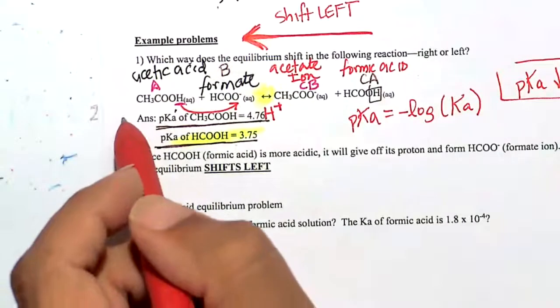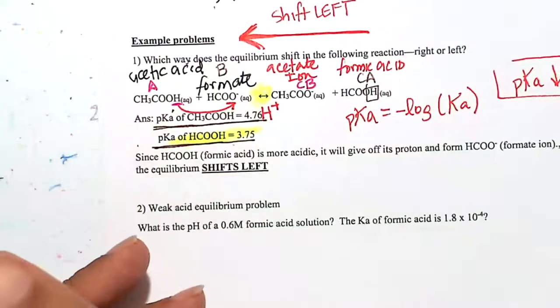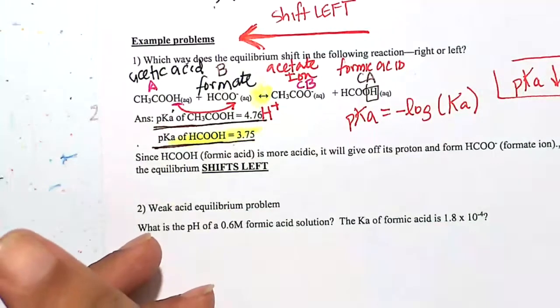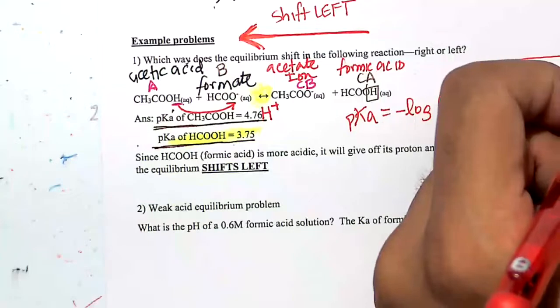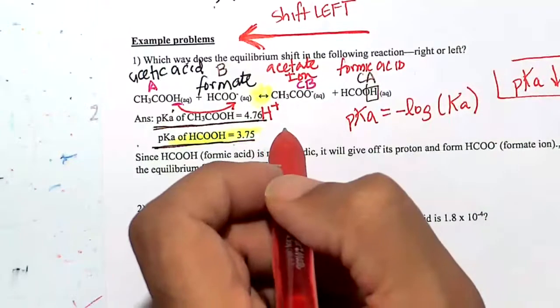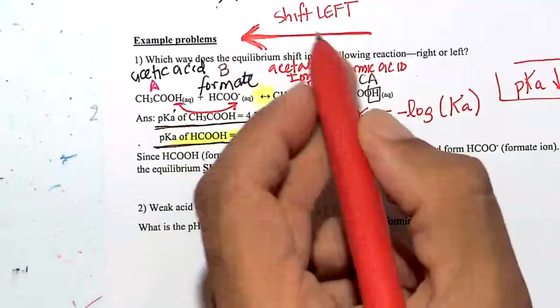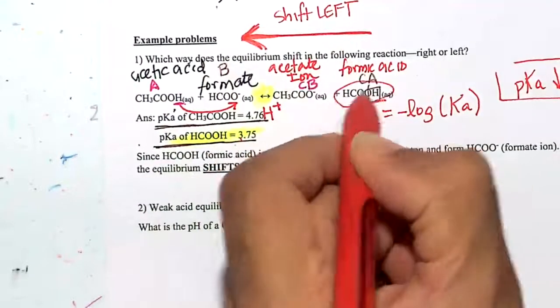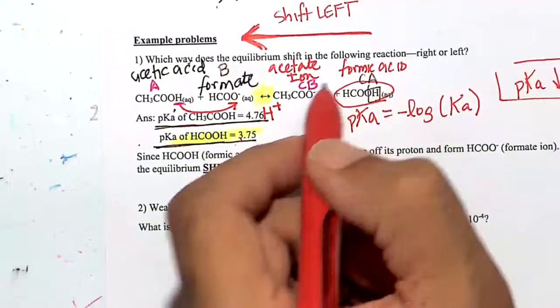Which acid is better at giving off protons? It's the one with the higher Ka, but that means lower pKa. It's formic acid. So formic acid is going to give away protons, and the equilibrium is shifting to the left.